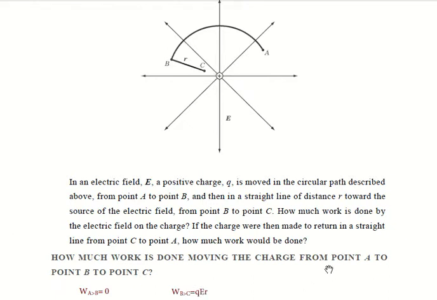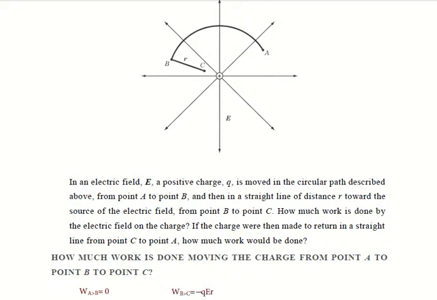So let's jump back down here. So it's Q times E times R. But we've gone in the opposite direction that that electric field would want to make the charge go. So that work we've done is actually... Seriously, I can't put in a negative sign? We'll cheat the system here.